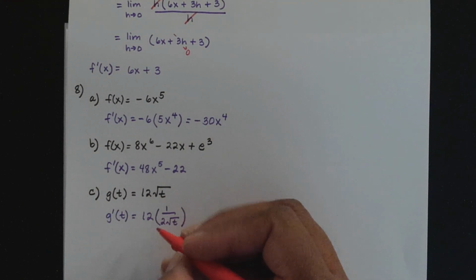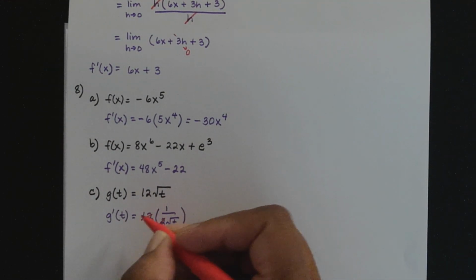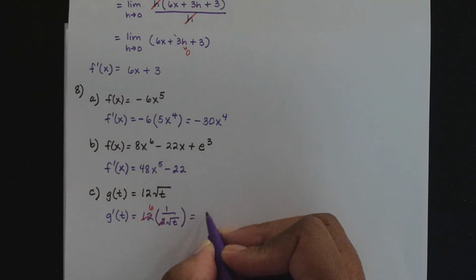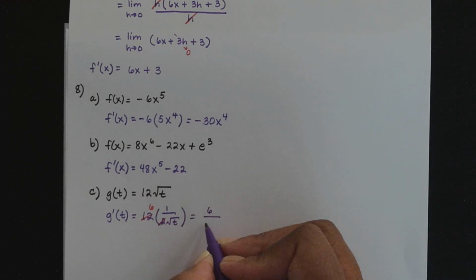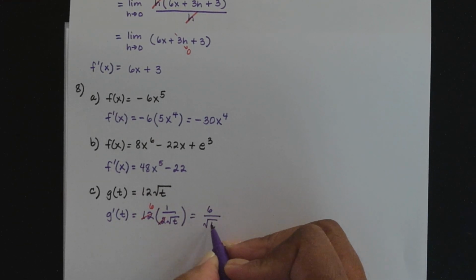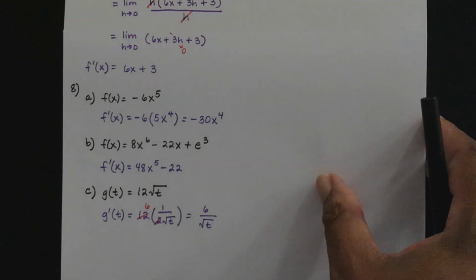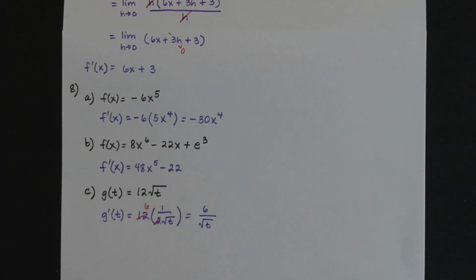And if I simplify this, this 2 goes into 12 6 times. So this ends up as 6 times 1, that's 6 over the square root of t. Okay. Questions on number 8?